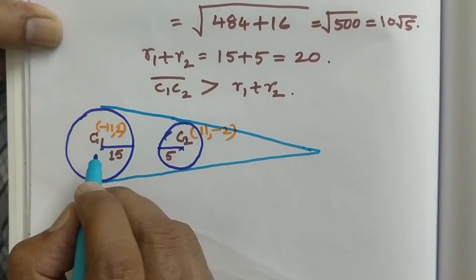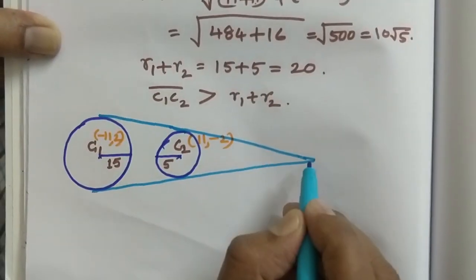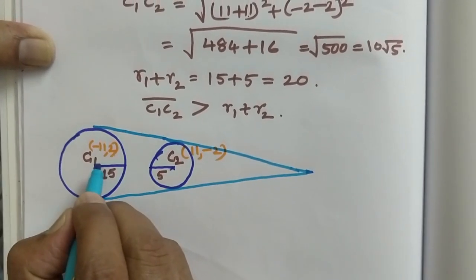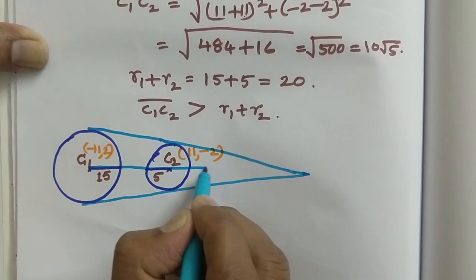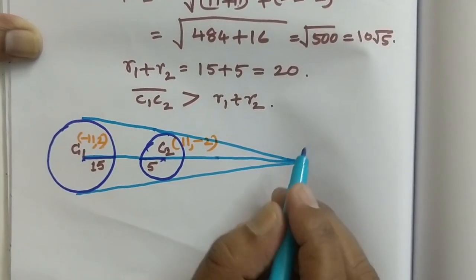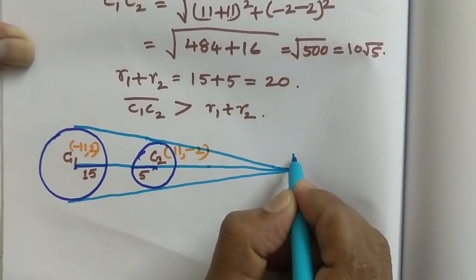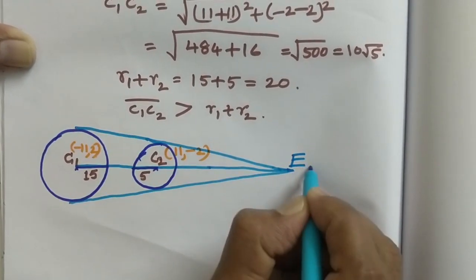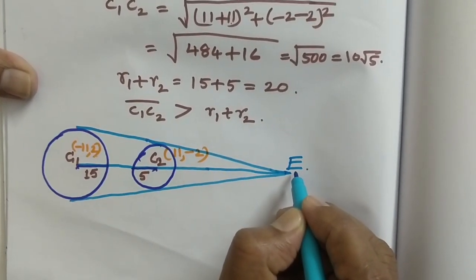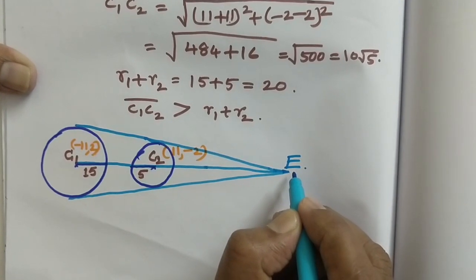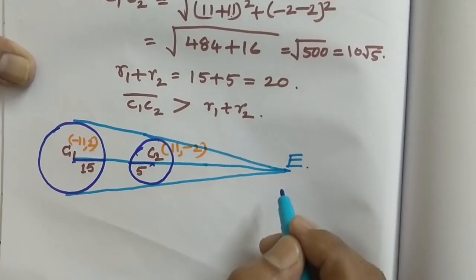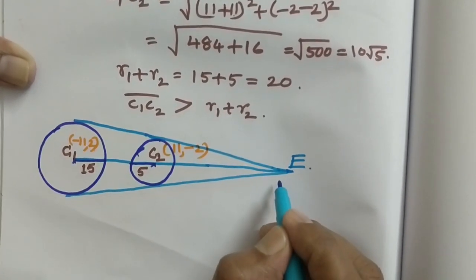Okay. Now these two lines intersect on the extension of C1C2, say at point E. E is called the external center of similitude, the intersection point of the direct common tangents.